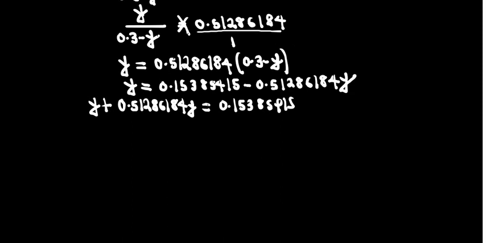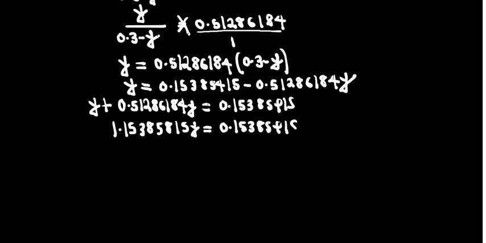I'm going to have 1.1538581 5y being equal to 0.153854415. So if you want, you can just round off to avoid complicating all these numbers right there.